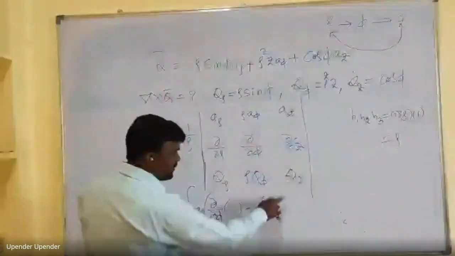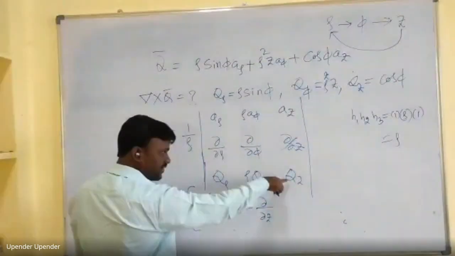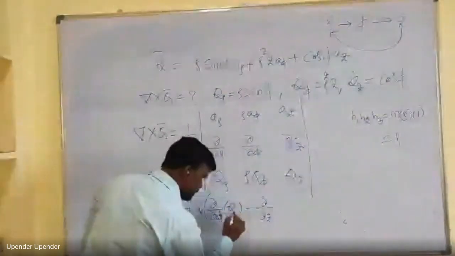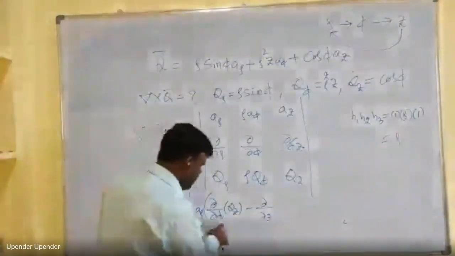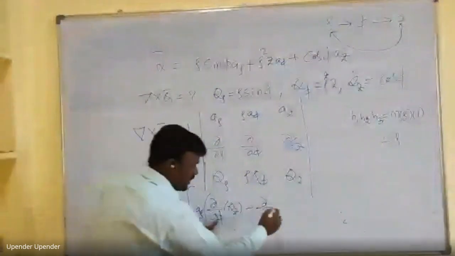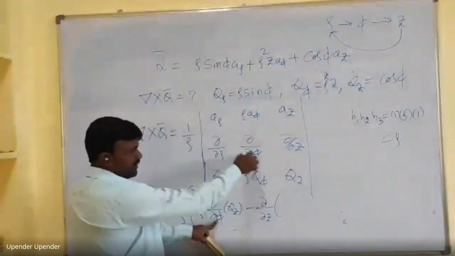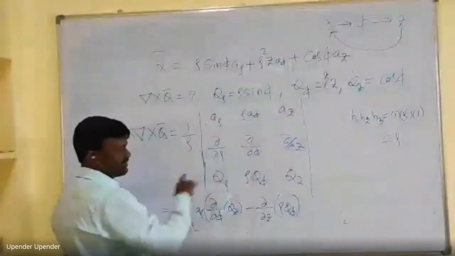And what about the z component here? You have to see here only, that is qz. Dou by dou z of the phi component, rho q phi. You need to consider this whole thing.